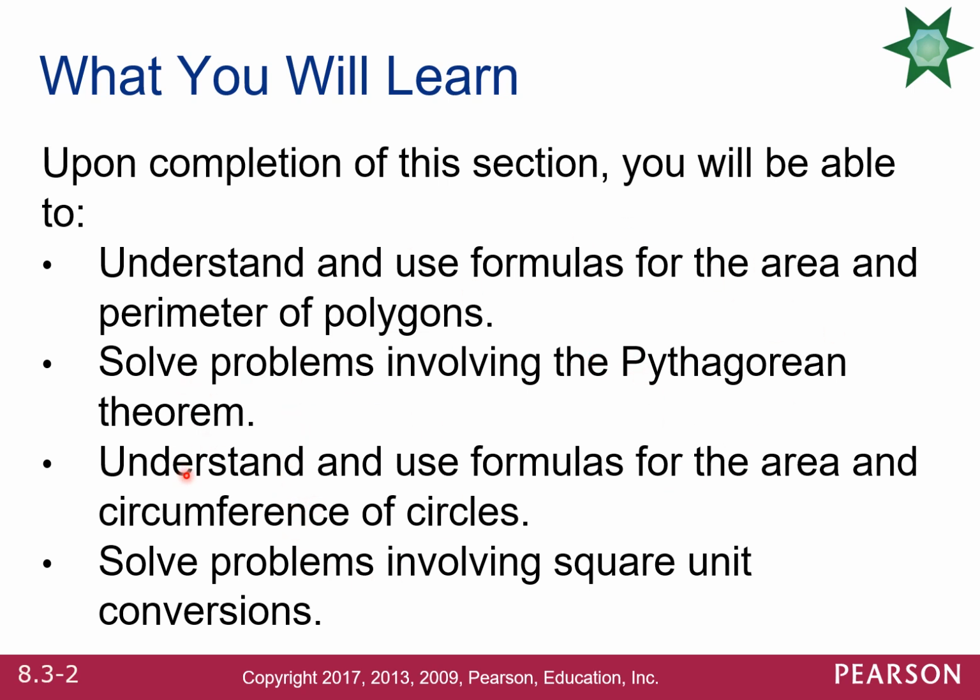And then we will also talk about circles. So far we haven't studied circles yet, but we will understand and use formulas for the area and circumference of circles, and then we'll also solve some application problems on conversion.